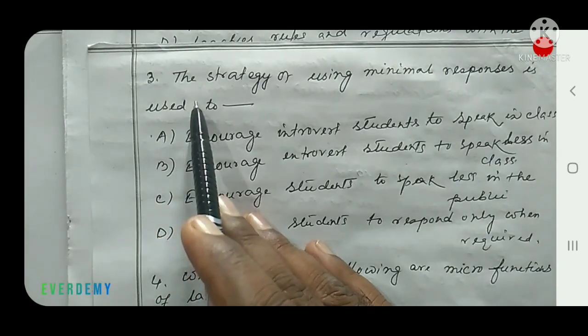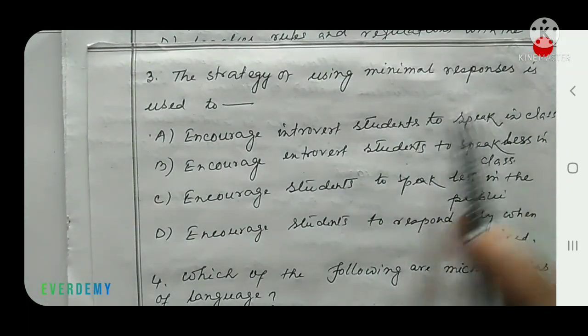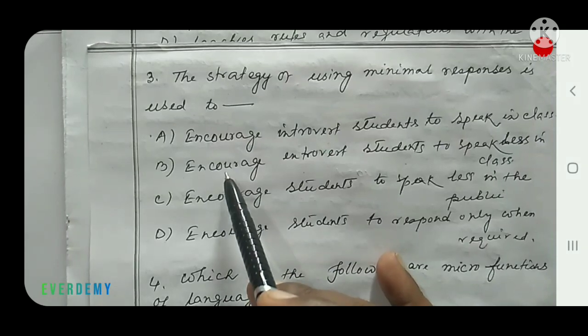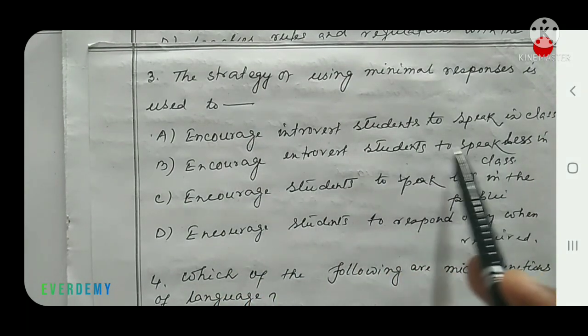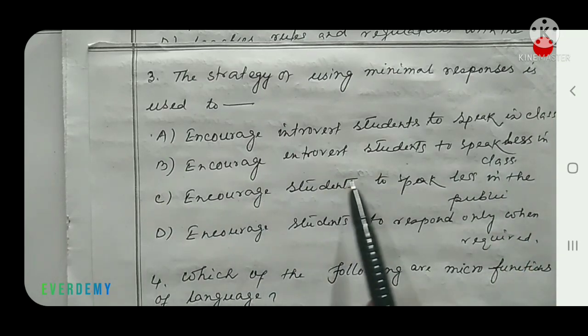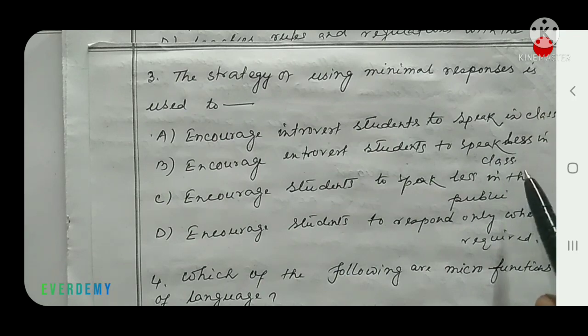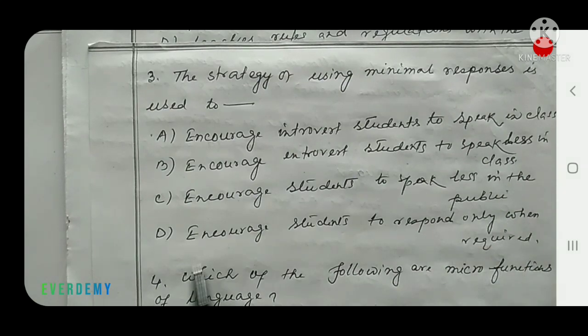Next, number 3, the strategy of using minimal responses is used to A, encourage introvert students to speak in class. B, encourage extrovert students to speak less in class. C, encourage students to speak less in public.